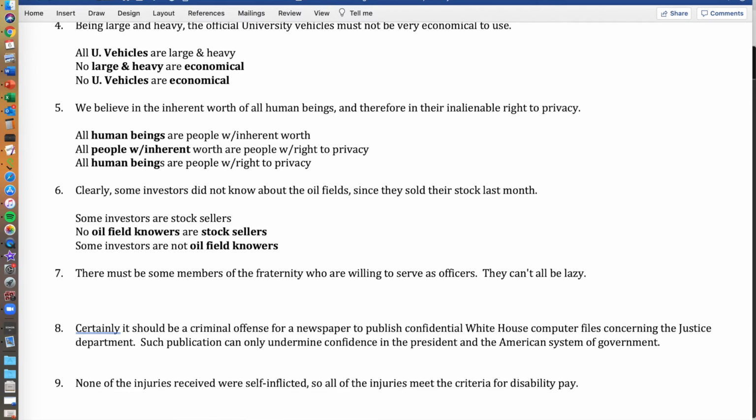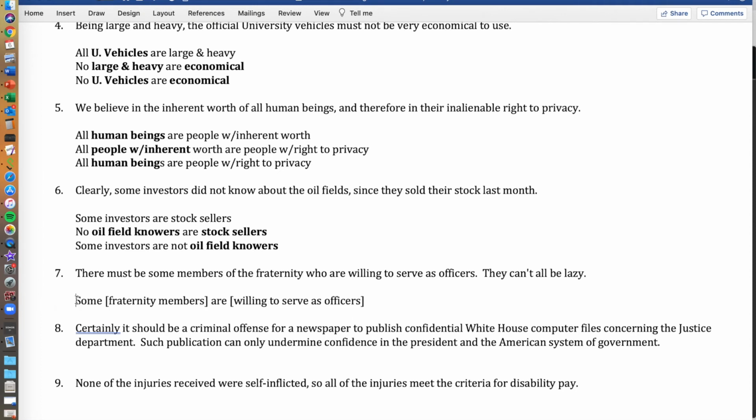And if we start with the conclusion, we have some fraternity members are willing to serve as officers, right? So the predicate term here is people willing to serve as officers, the subject term fraternity members, right? Particular affirmative statement.